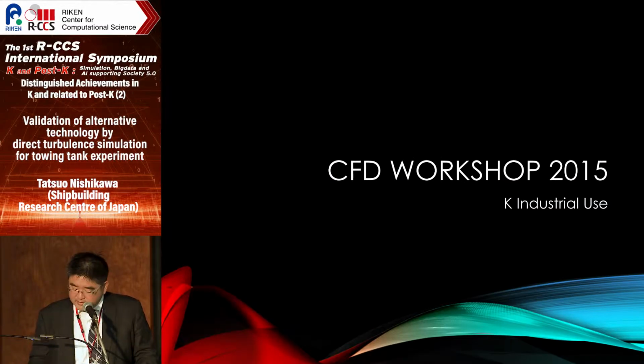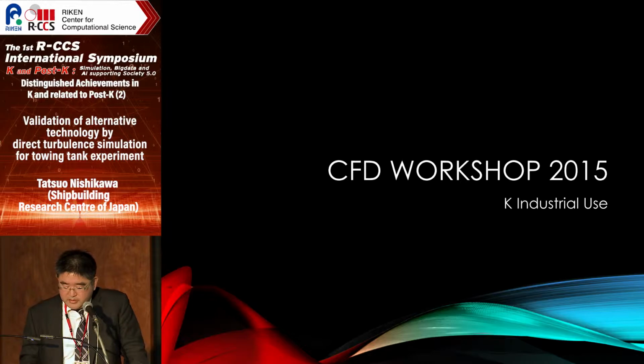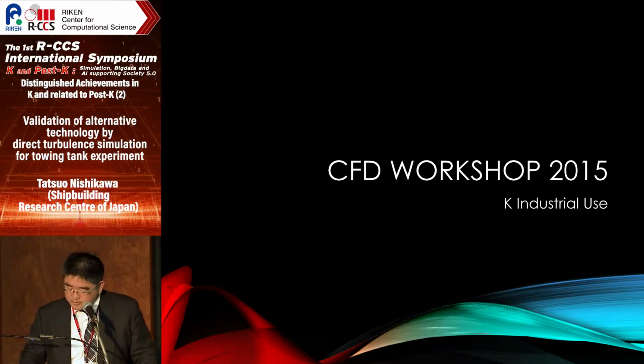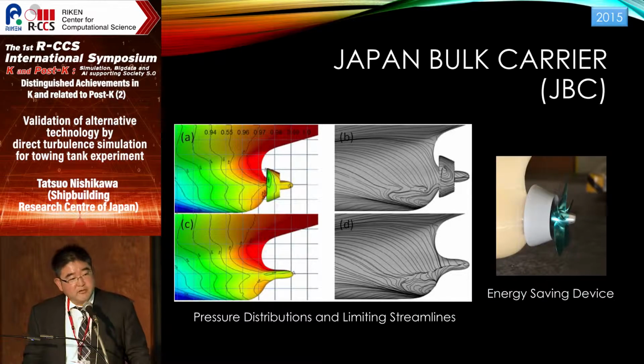At last, let me introduce some interesting results from the CFD workshop. This also used the computer resource of K. The CFD workshop has almost a 4-decade history and is held every 5 years.